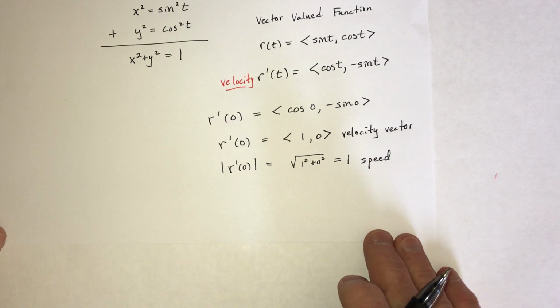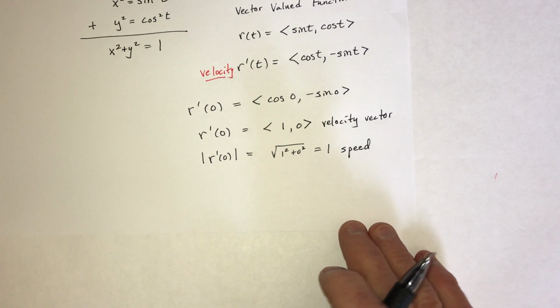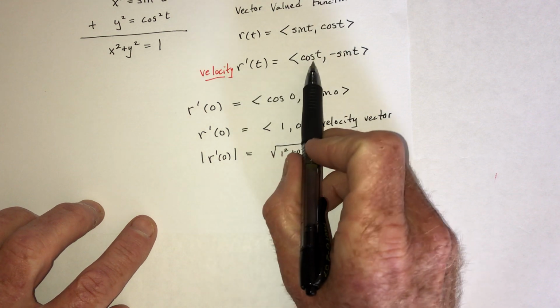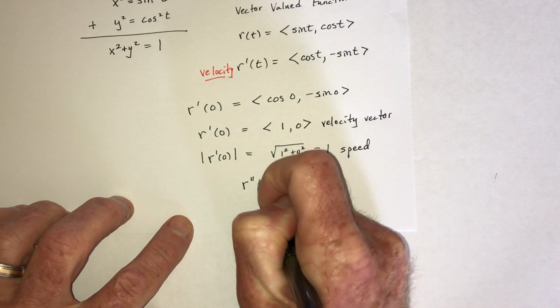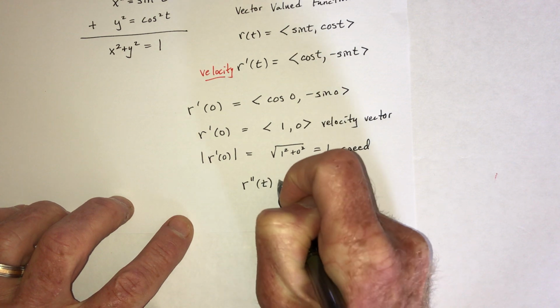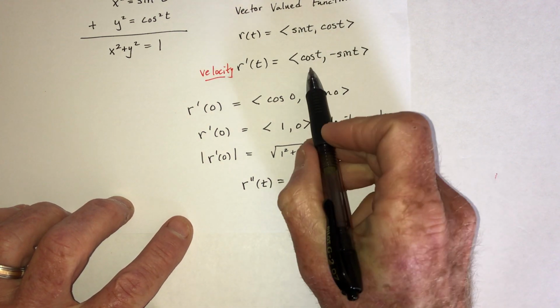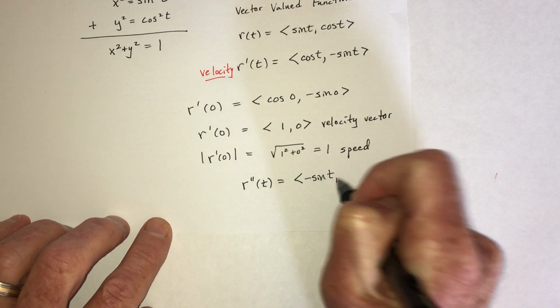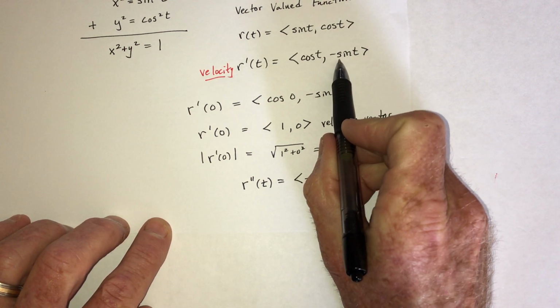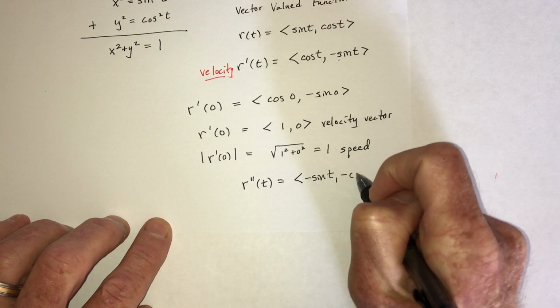Okay, what about the second derivative? So take the derivative of the first derivative. The second derivative is going to be the derivative of cosine, which is negative sine, and the derivative of negative sine, which will be negative cosine.